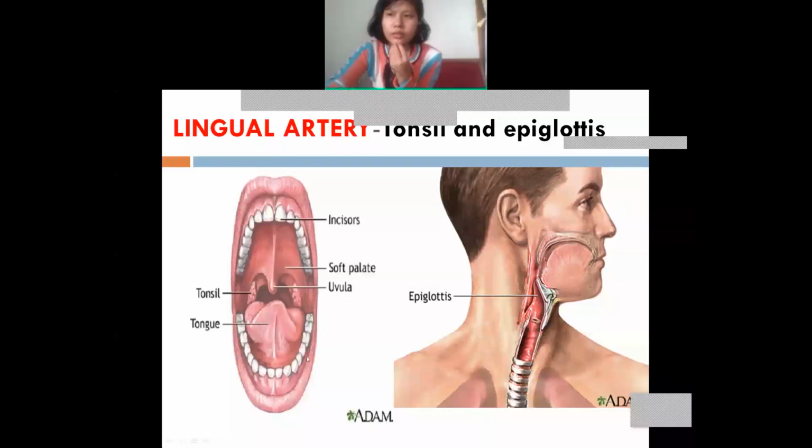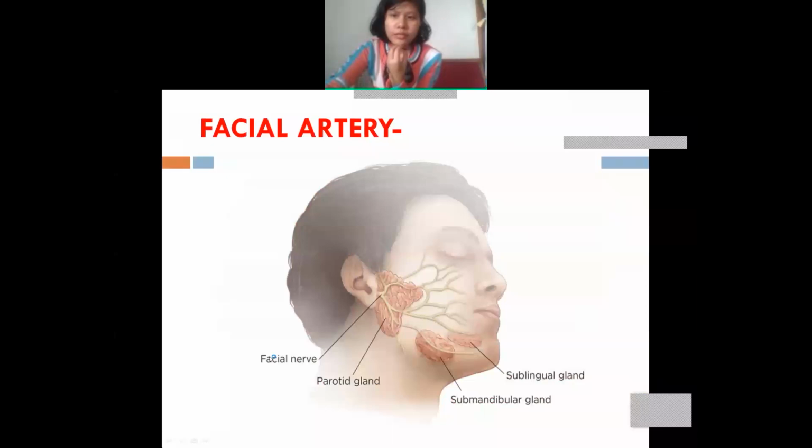Yes, ma'am. Okay. So that was about lingual artery. Okay, next is facial artery. So facial artery, it will be situated here. Facial artery, from the name itself, face. Facial means it will be in your face area. Okay, facial artery.